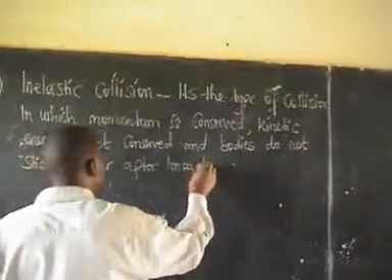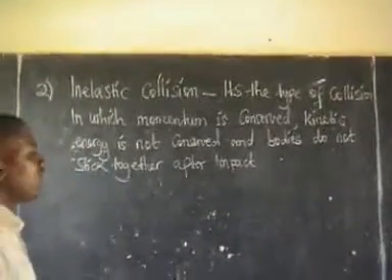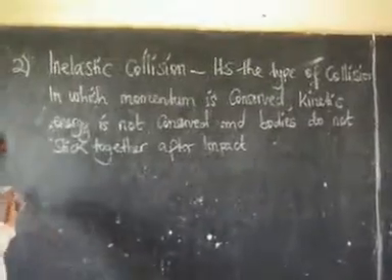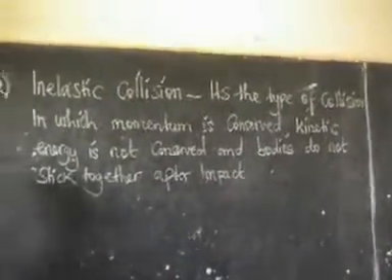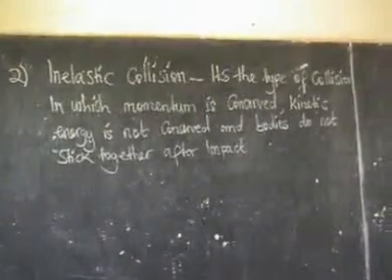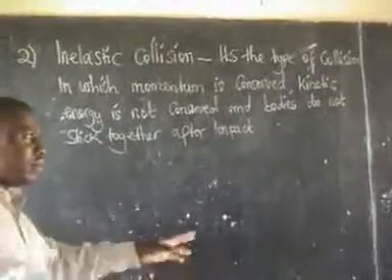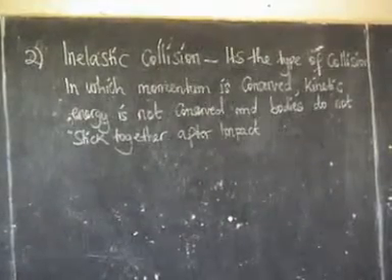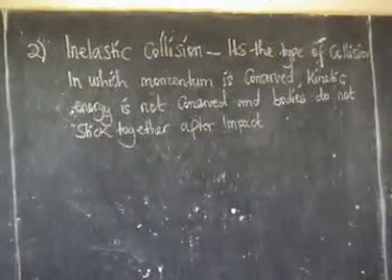In most cases, the bodies after impact will move in different directions. They will not continue moving along the same straight line. An example, if you have ever played ball, once the cue ball strikes other balls, they will move in different directions. So that is an example of an inelastic collision.